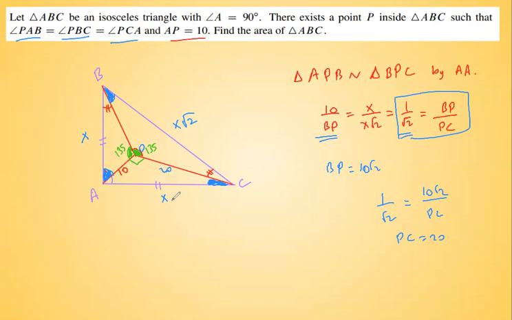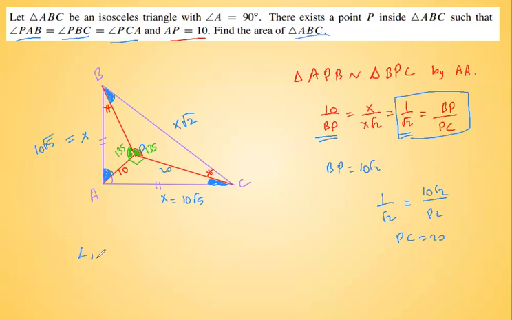We have a 1 to 2 ratio, so this side has to be 10 root 5. If you don't see it immediately, when the legs of a right triangle are in a 1 to 2 ratio, the hypotenuse will be root 5 times the smaller one. If you don't know that, you can just use the Pythagorean theorem to find it, which is why that's also 10 root 5. And then we are almost done with the area.